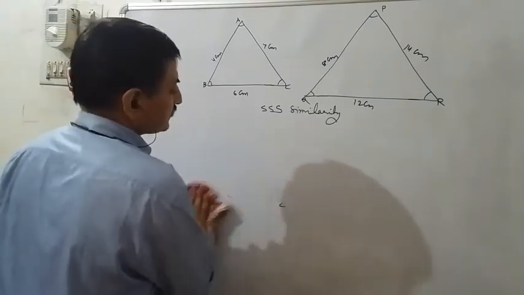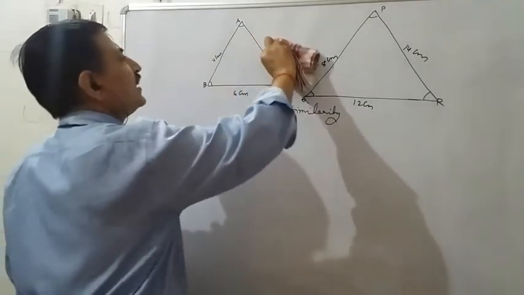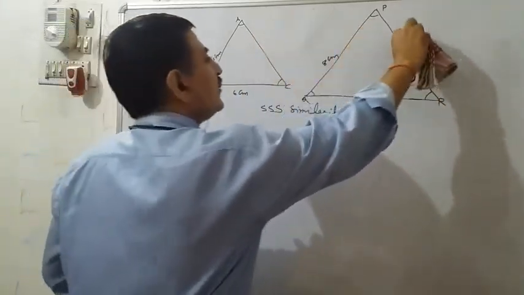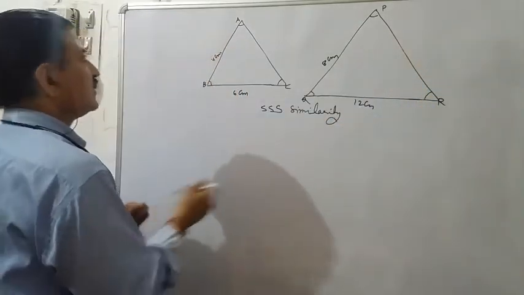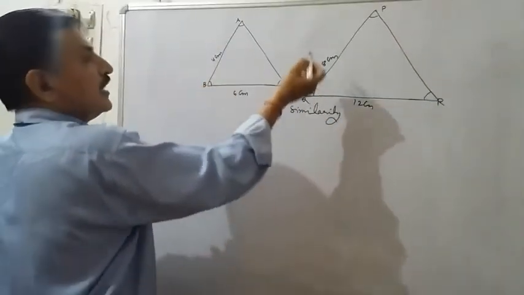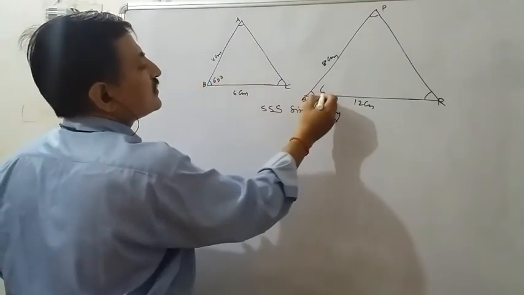One more is SAS similarity. What is SAS similarity? Two sides and the angle in between those two sides are given. It is not compulsory to take angle A only, we can also take angle P. Suppose this is given as 60 degrees and this is also 60 degrees.